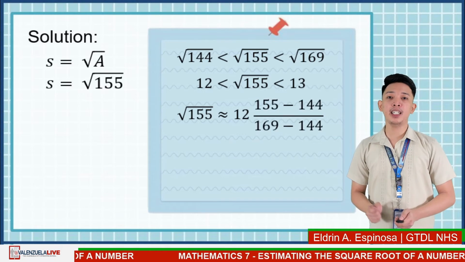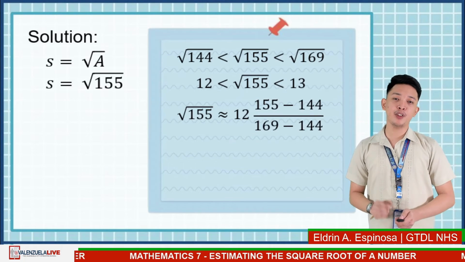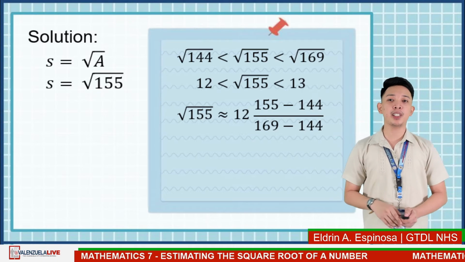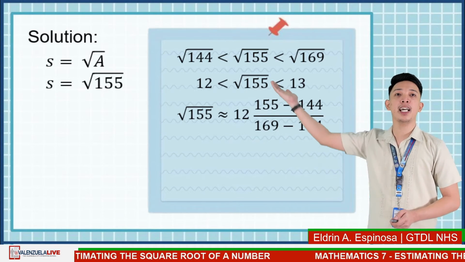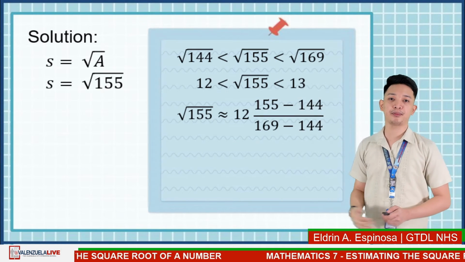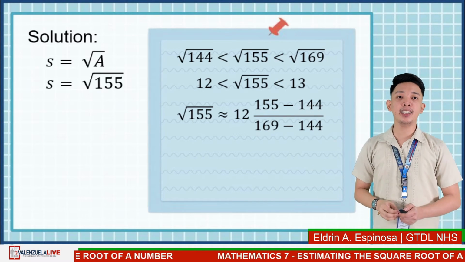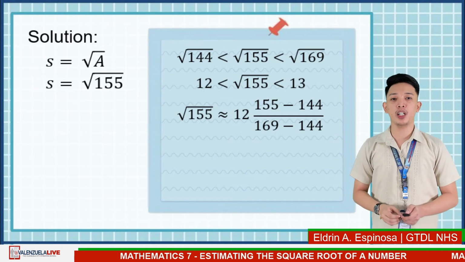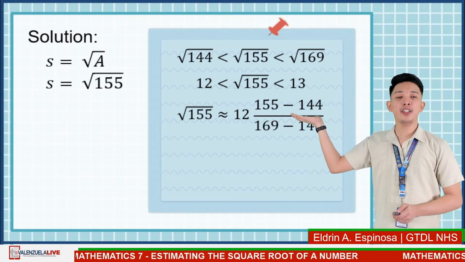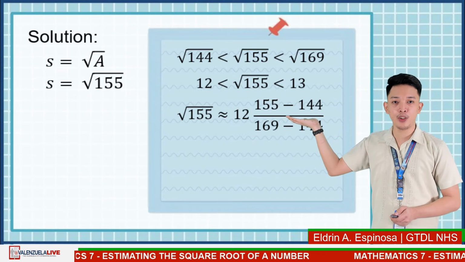Then for the fractional part, for our numerator, just subtract the integer radicand of the given number, which is 155, and the integer radicand with the lower perfect square, which is 144. So we have 155 minus 144.